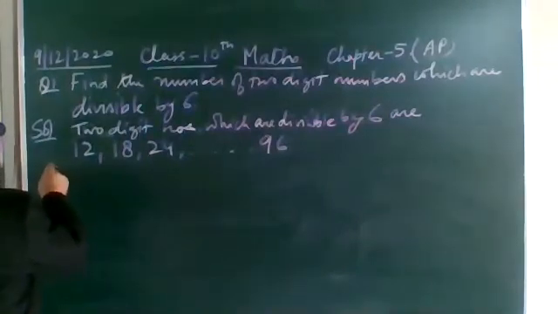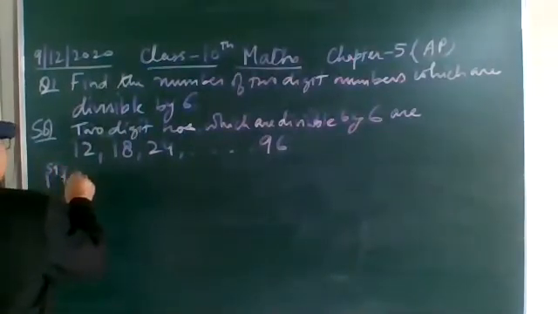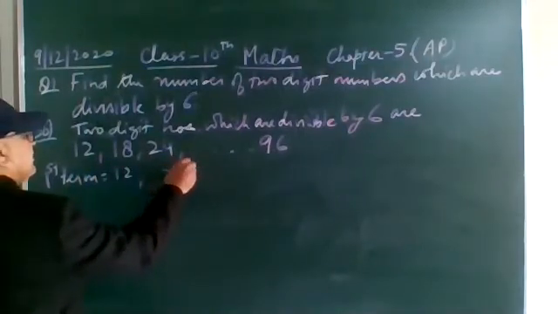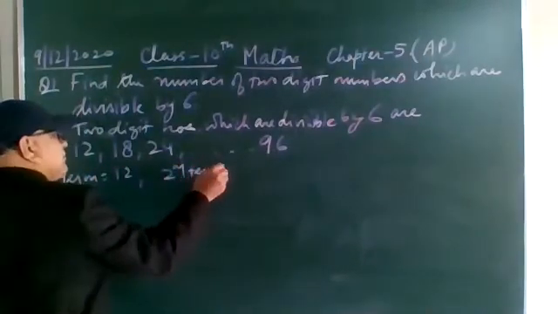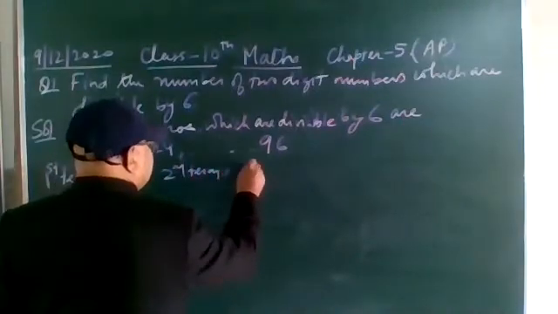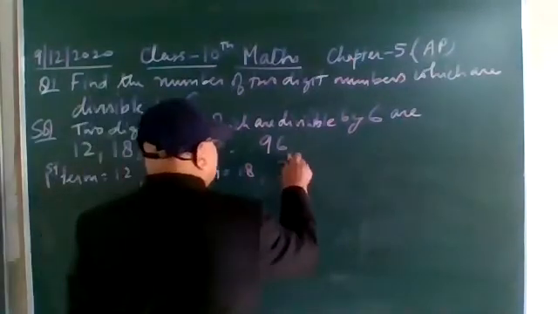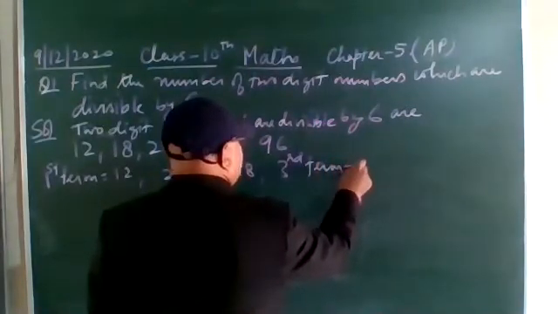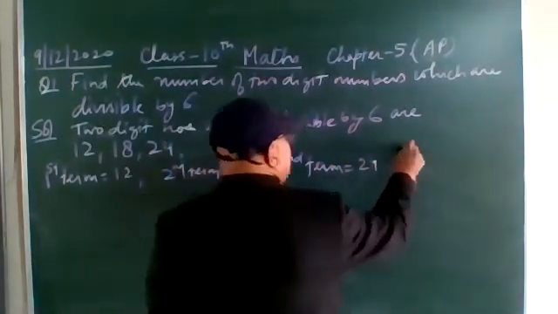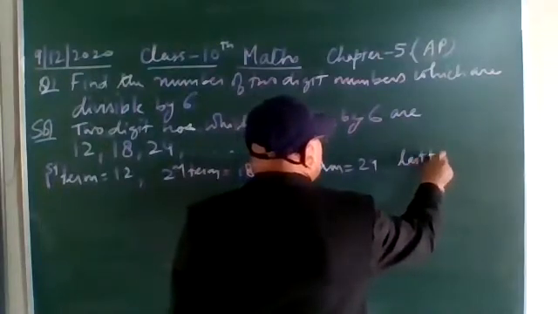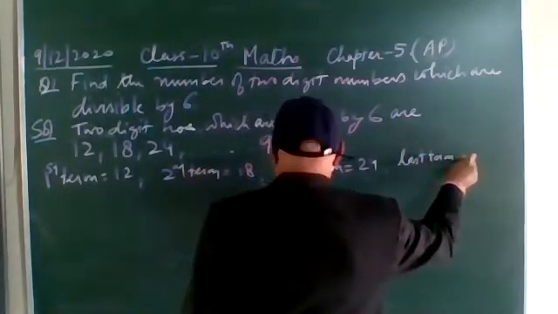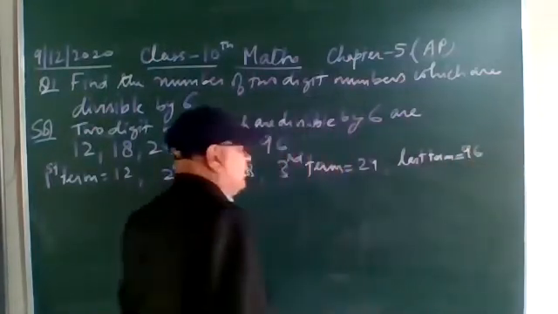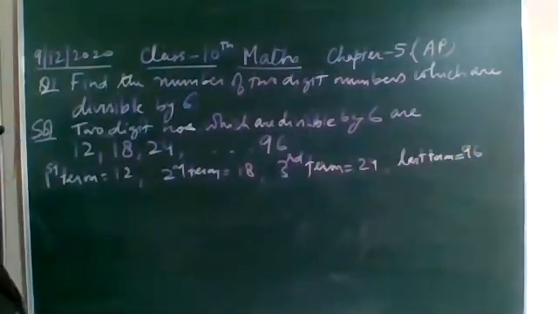So you will write first term 12, second term 18, third term 24, last term 96. You write like this.